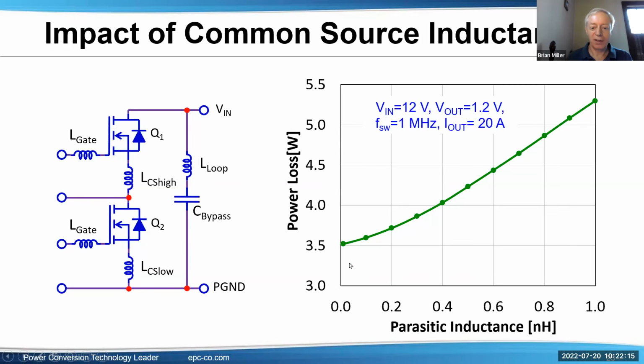Well, if you start with a 0 and you go up to even 1 nanohenry, which is not big, you can see under this condition how much additional loss you would have. It's really quite striking. So there's the motivation to work with a good layout, a good component choice, to minimize this loss.